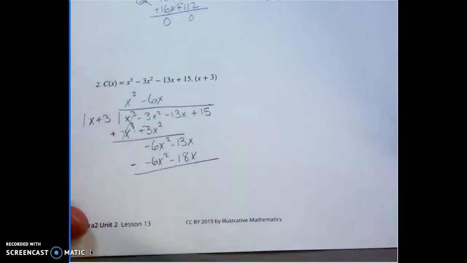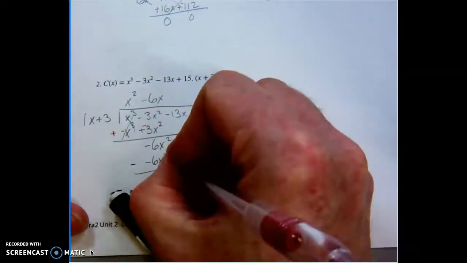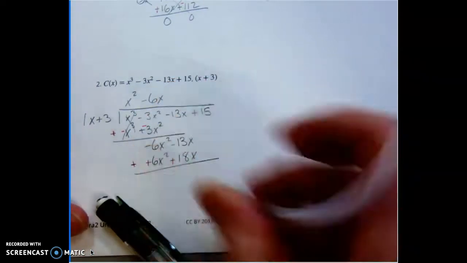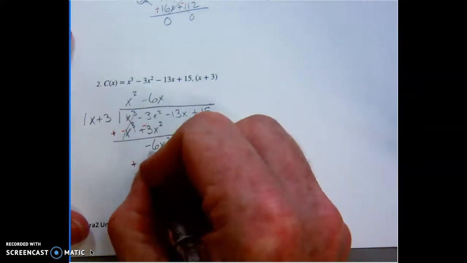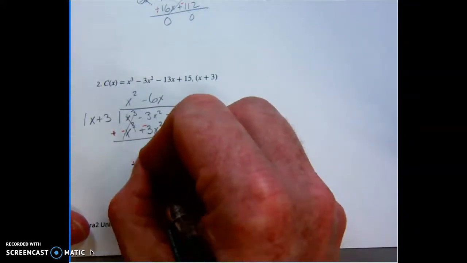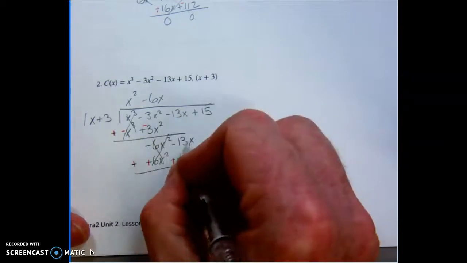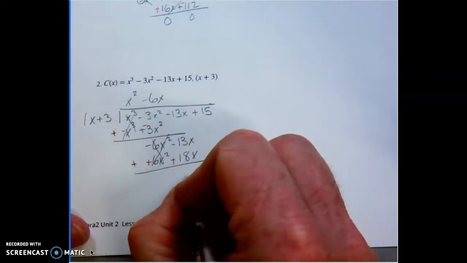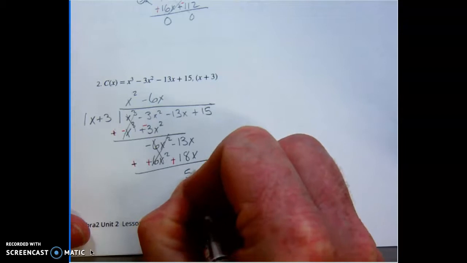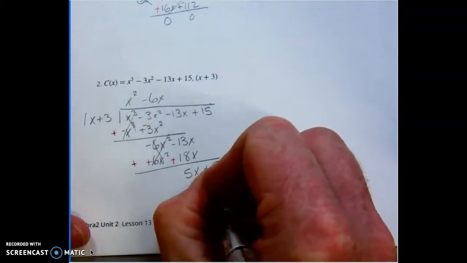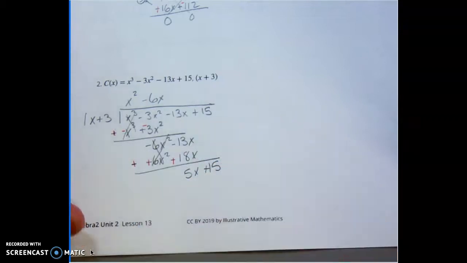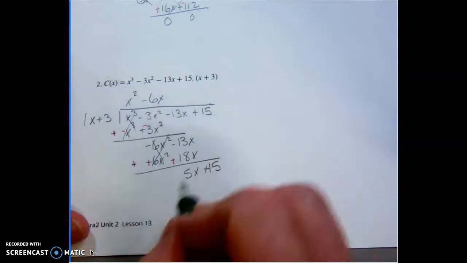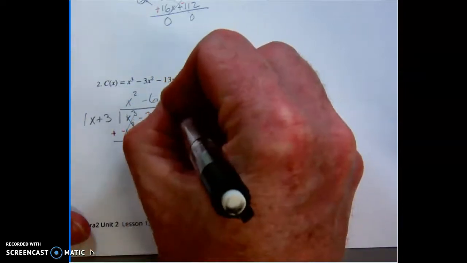And again, instead of subtracting, I'm going to switch my signs and add the opposite. So the 6x squared and the negative 6x squared add up to 0. Negative 13x plus 18x is positive 5x. Bring down the 15. So 1x times what gives me 5x? Well, that's 1x times 5.